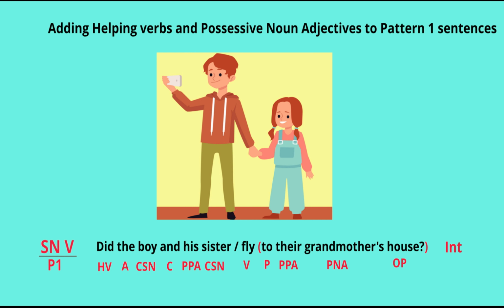Grandmother's house. So whose house is that? Grandmother's, right? So grandmother is the noun there. So it is possessive noun adjective as it is showing possession or ownership. And this sentence is interrogative because it is a question. And this, what kind of pattern is it? Subject noun verb pattern one sentence.